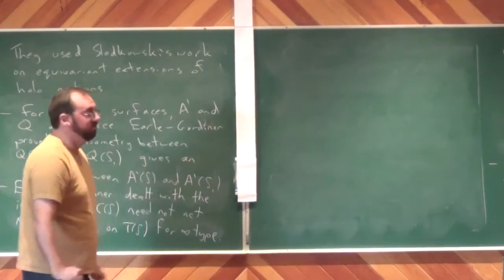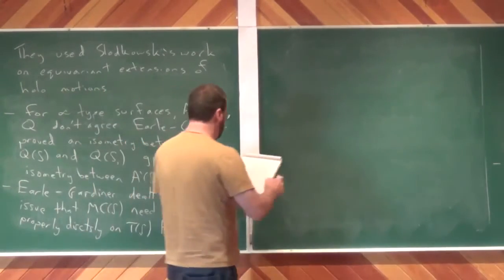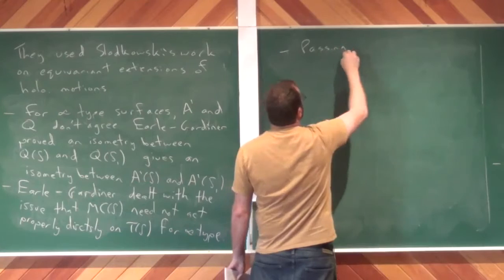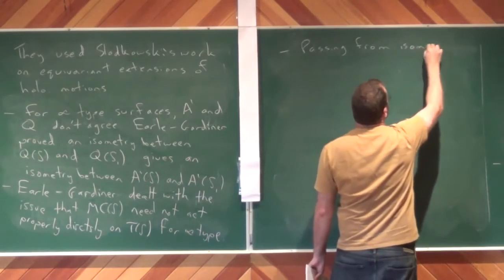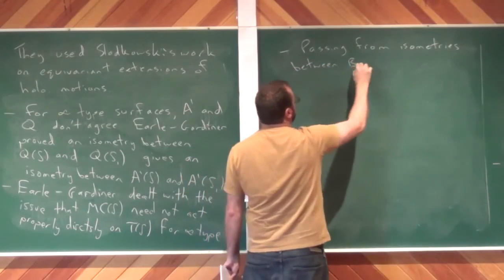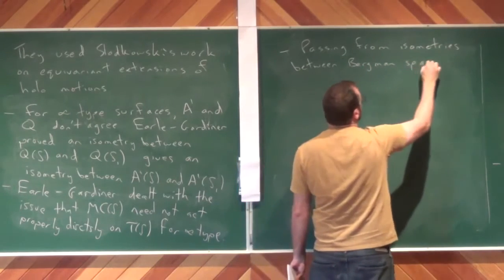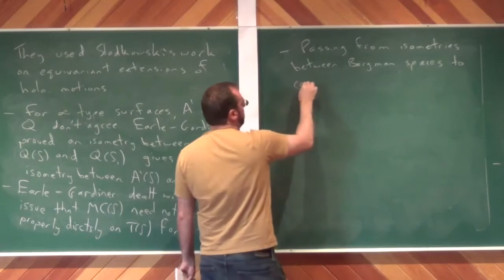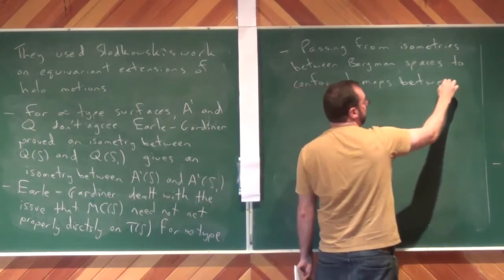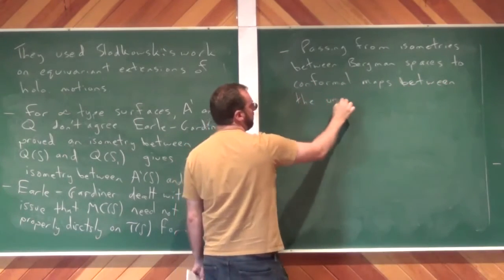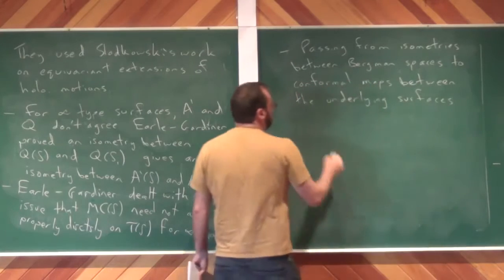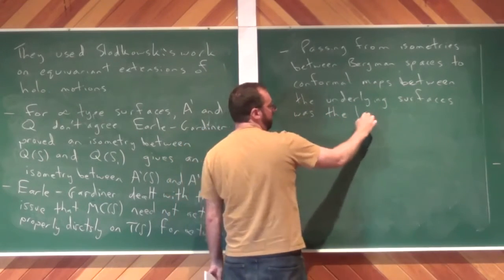And that was the last part of the puzzle to be dealt with. So, passing from isometries between Bergman spaces to conformal maps between the underlying surfaces was the last piece of the puzzle.